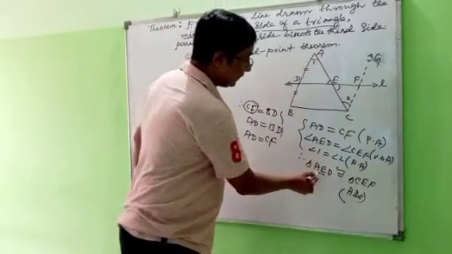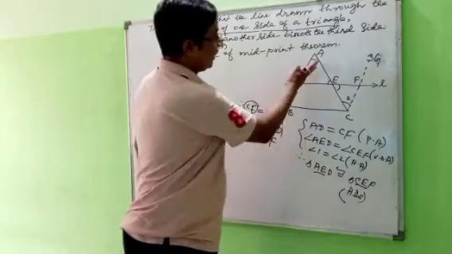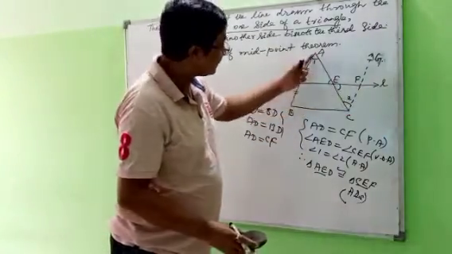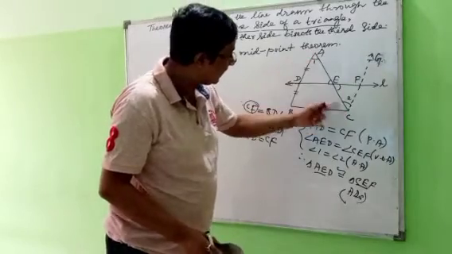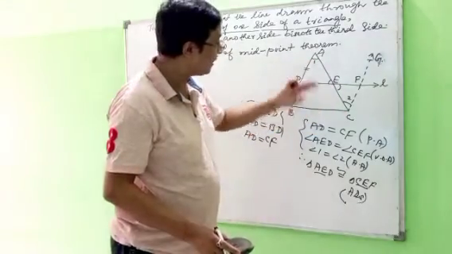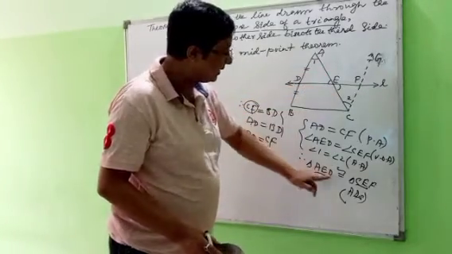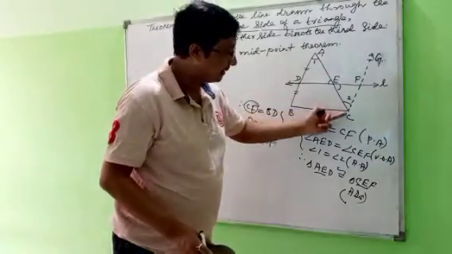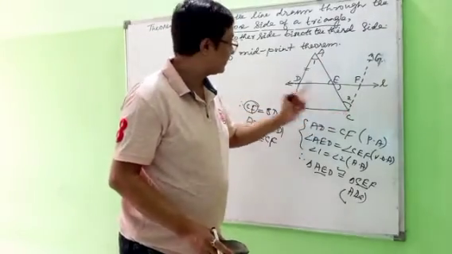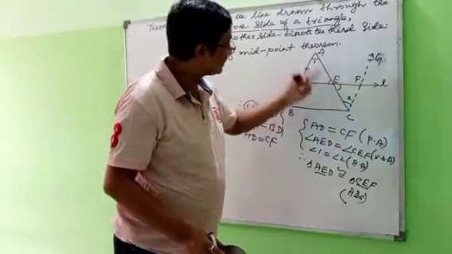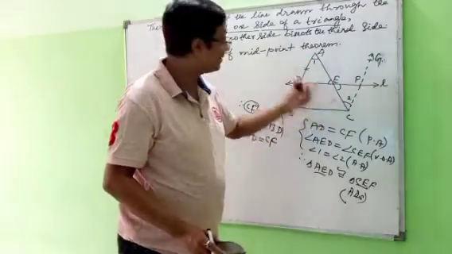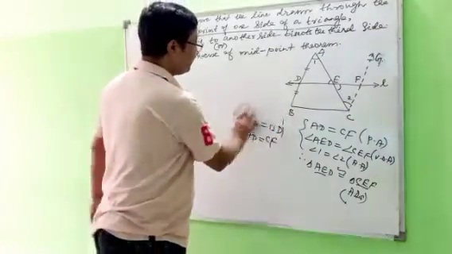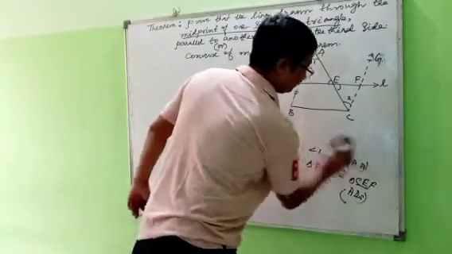Therefore AE equals CE, which means the line L bisects the third side AC at E. Thus E is the midpoint of AC. Which is the third side? The third side is the side AC. So here we will be proving it stepwise.